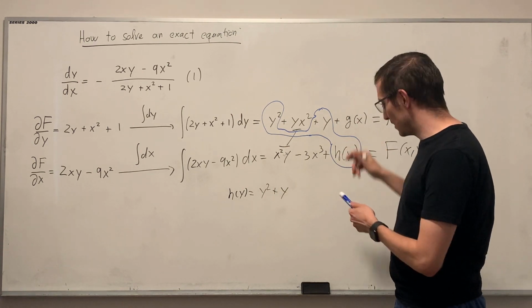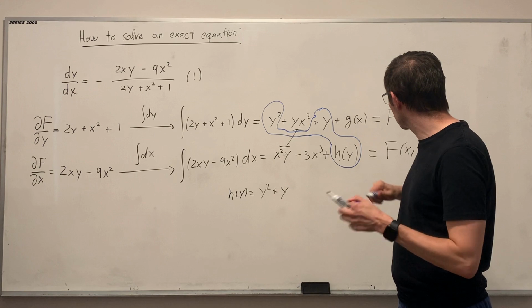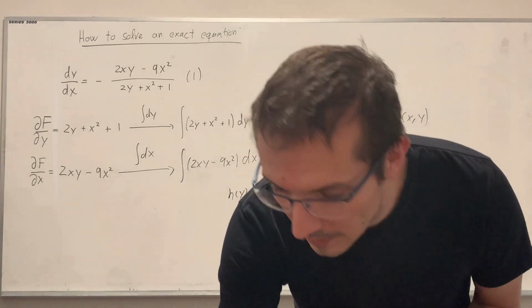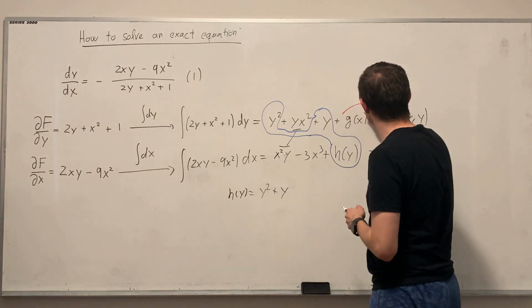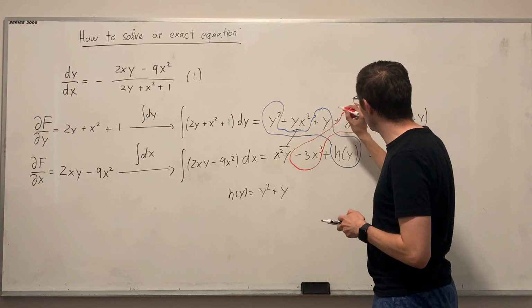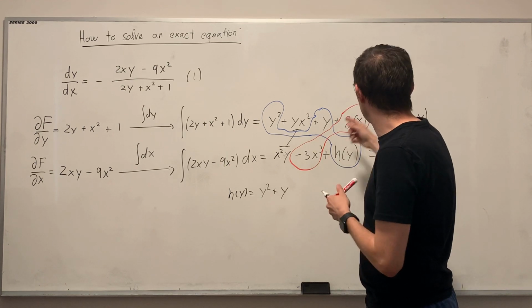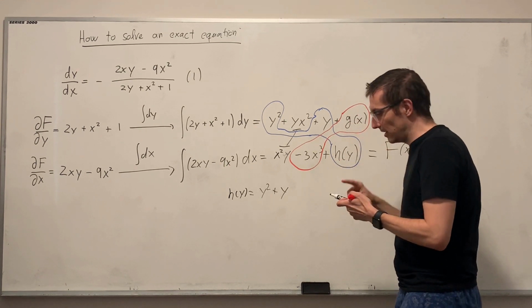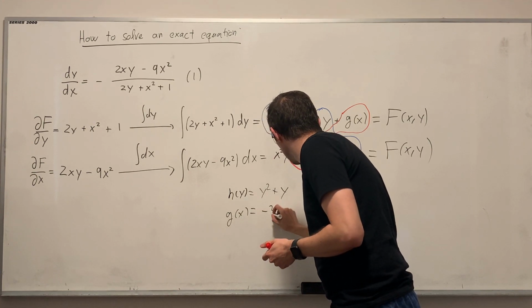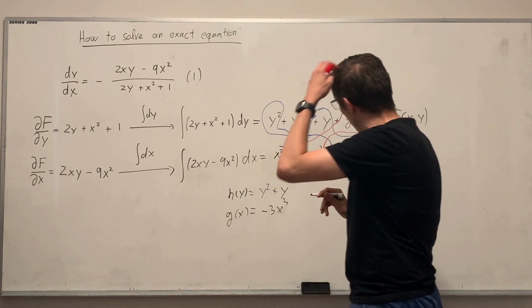All right, and then the same thing by comparison, we can see that the g of x, let's use a different color, the g of x is minus 3x cubed, right? So we see it's the function of only x that is here but not there. So g of x is minus 3x cubed. Wonderful.